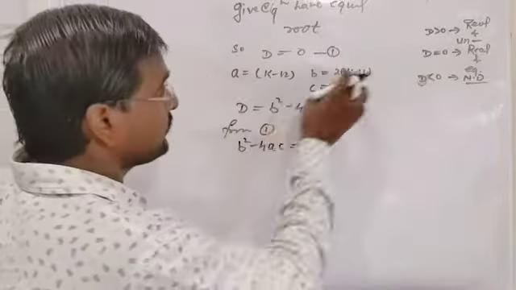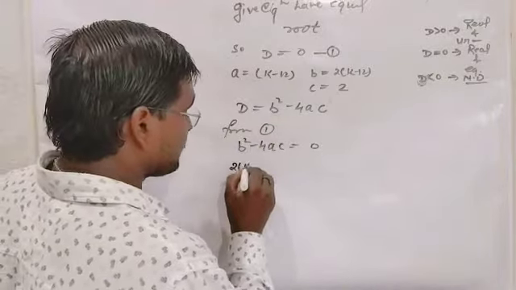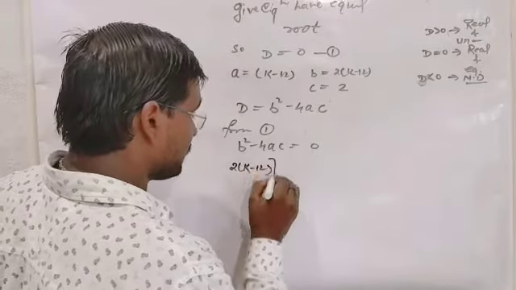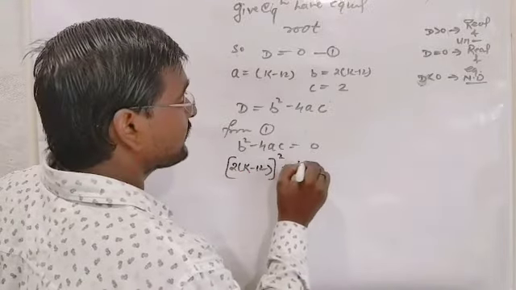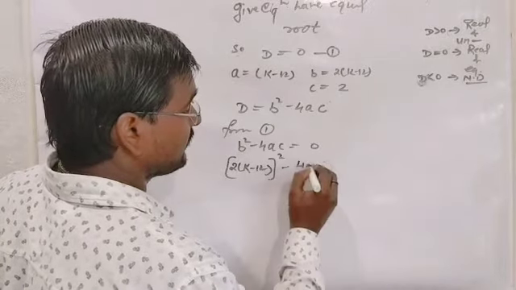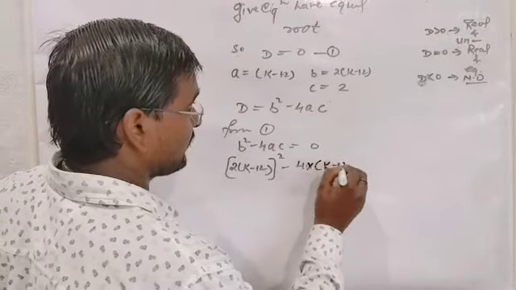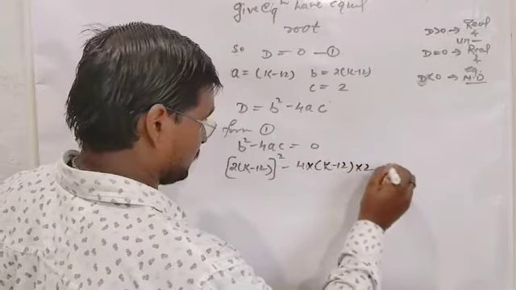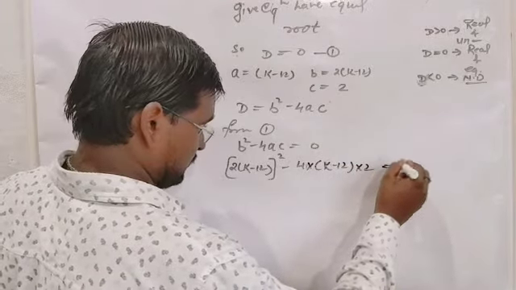Put the value 2 in bracket k minus 12 whole square, minus 4ac. Put the values of a and c: a is k minus 12 and c is 2, is equal to 0.